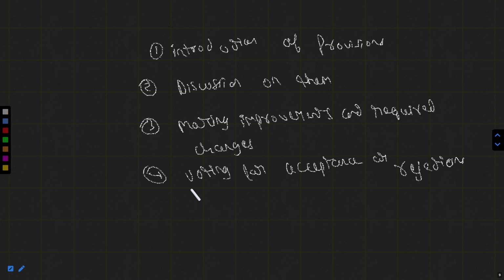Thereafter, making improvements and required changes. If the provision was not suitable as per the discussion, some changes and improvements had to be introduced. And the fourth one is voting for acceptance or rejection. After all the things, all the members voted to decide whether it should be accepted or rejected.